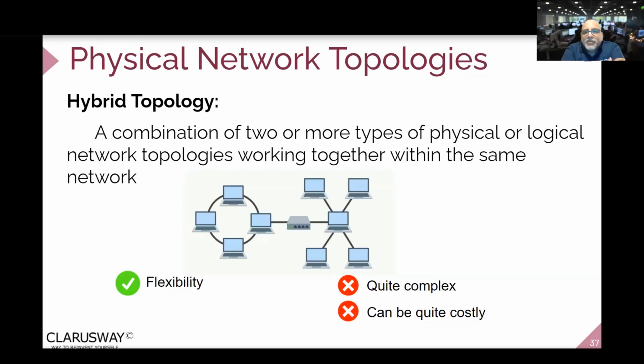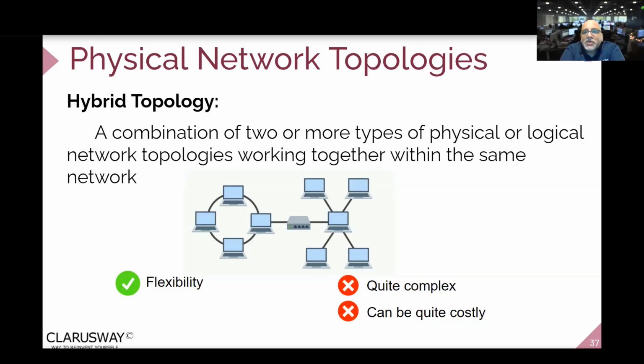Then you have the hybrid topology. The hybrid topology in and of itself is not a topology, but you can think about it as a combination of multiple topologies, right? So when your overall topology is comprised of two or more different topologies, it's referred to as a hybrid topology.